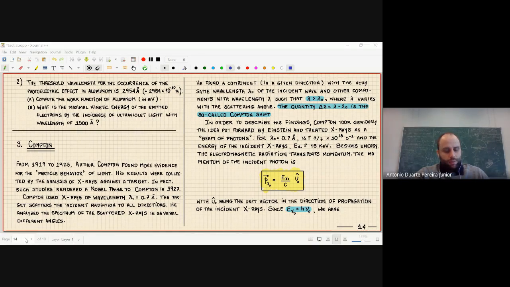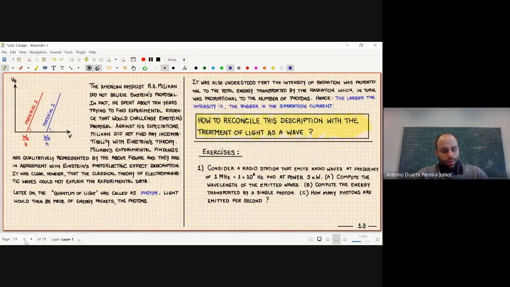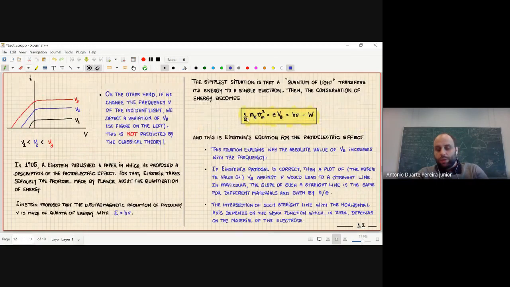The photoelectric equation is about just a single electron. So you can calculate what is the energy that the fastest electron will have. So you can compute the kinetic energy by knowing these informations, namely the frequency and the work function.